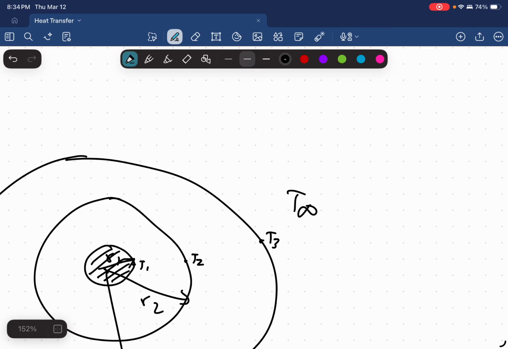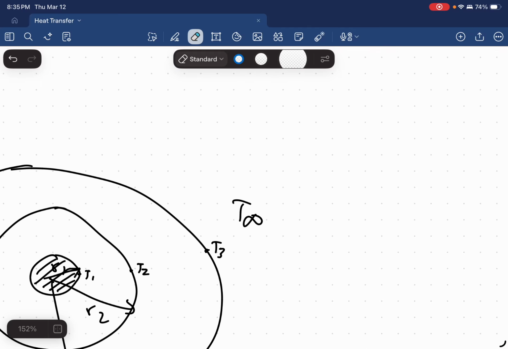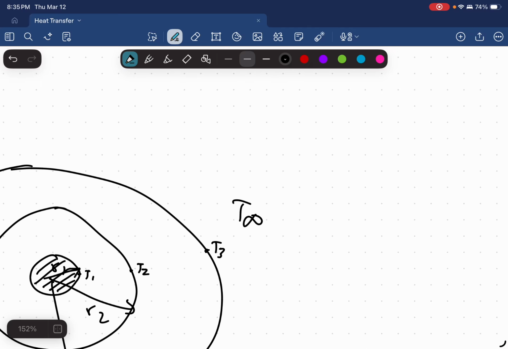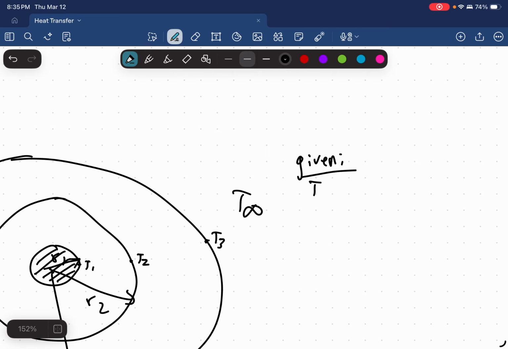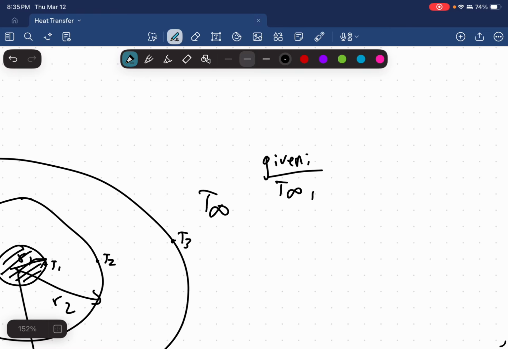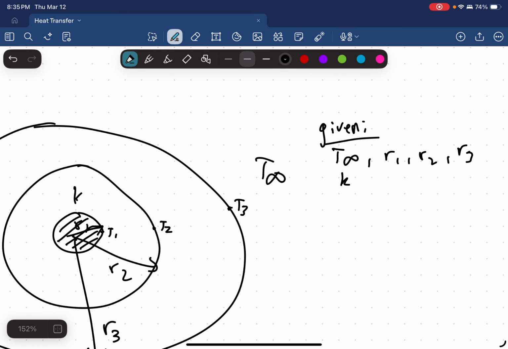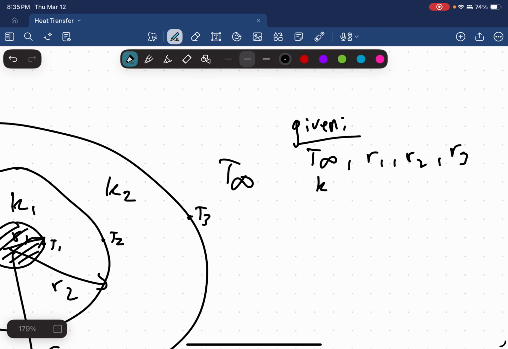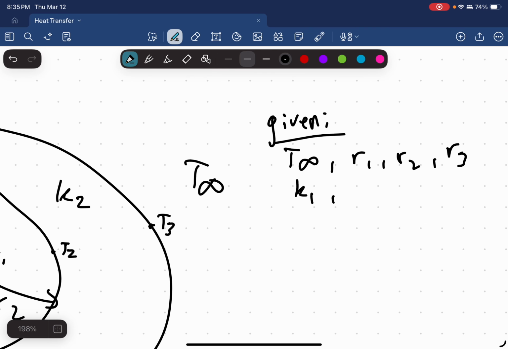So we're going to just do the same type of thing, but we'll keep it arbitrary. We're going to say what would be given to solve a problem like this. So we would be given T infinity, R1, R2, and R3. We would also be given, let's just call this region K1 and K2, just for simplicity, but it would be just a type of material.